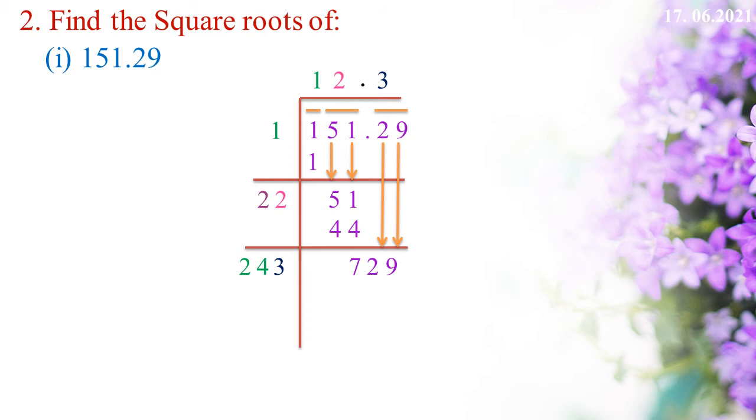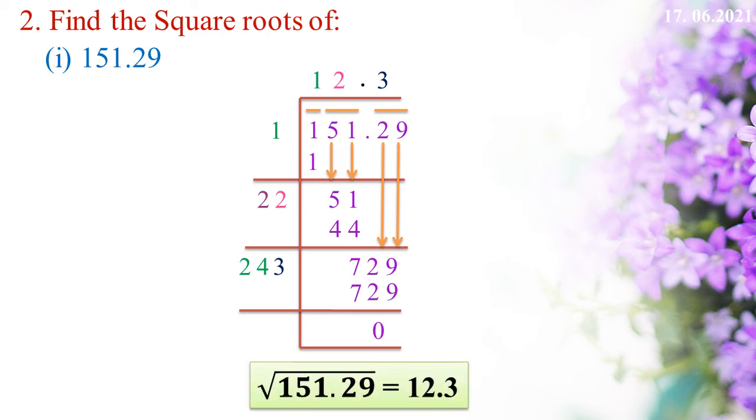Next, multiply 243 and 3. We will get 729. Now, subtract 729 from 729. We will get 0 as the remainder. So, square root of 151.29 is 12.3.